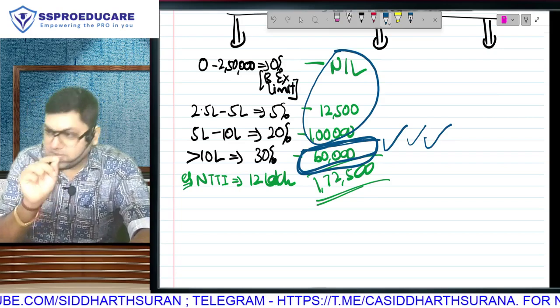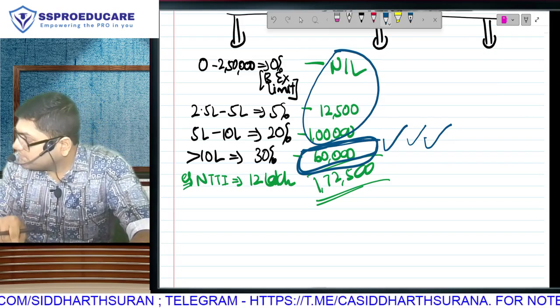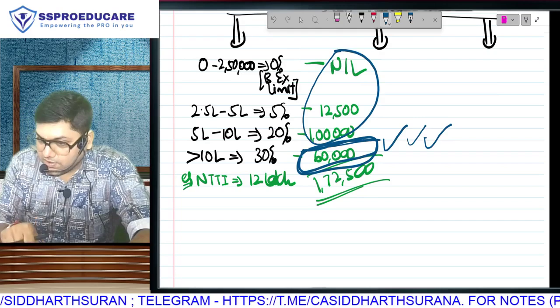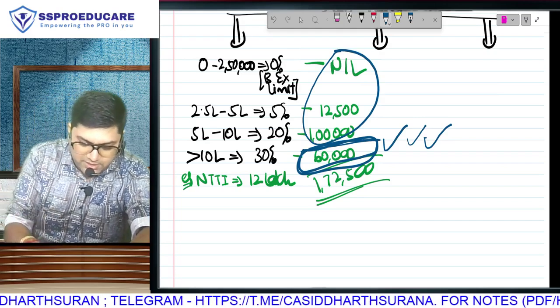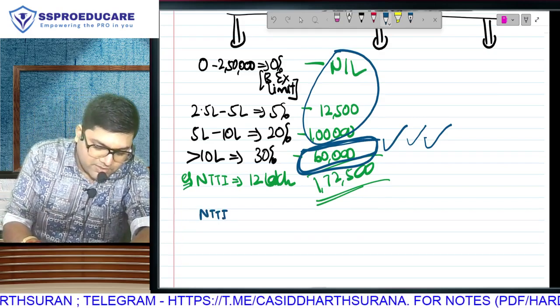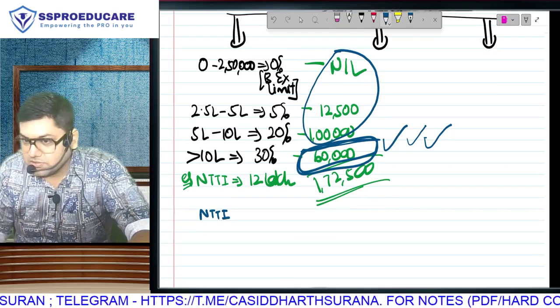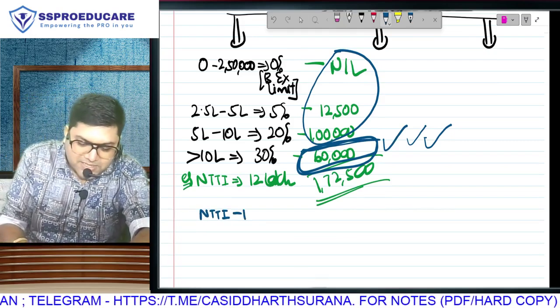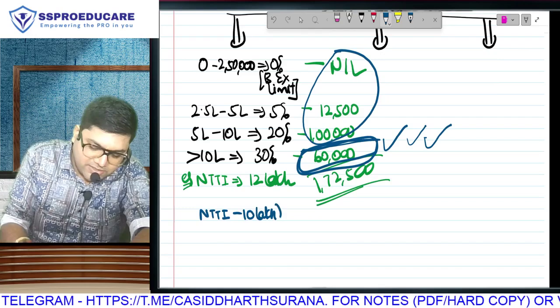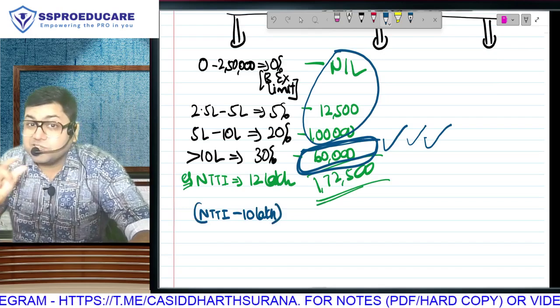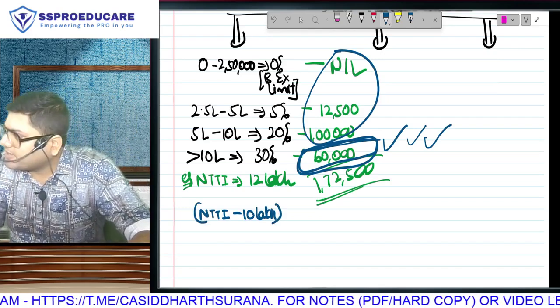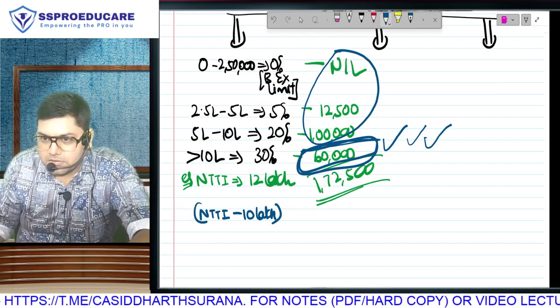And thus, when you are asked the same question in the exam, your manner of solving is going to be like this. Take your net taxable total income on your calculator. What is the amount? 12 lakh. Subtract 10 lakh from your net taxable total income. That means you get the excess over 10 lakh. In our example, 2 lakh.